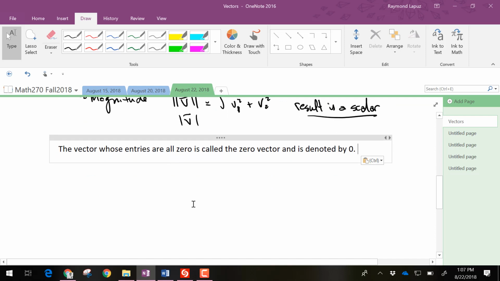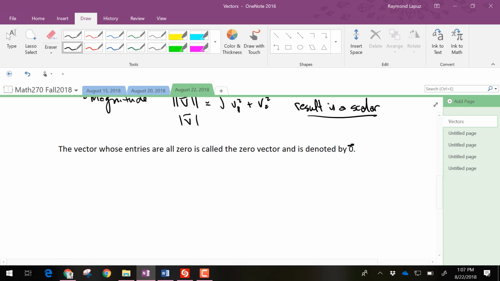A vector whose entries are all zeros, called a zero vector, is denoted by, this is the wrong notation, it's denoted by 0, either boldface 0 or 0 with an arrow on top. Just like with vectors and scalars, we want to distinguish between a zero vector and a zero scalar. If you see a plain 0 by itself, then you can imagine that's the number 0.